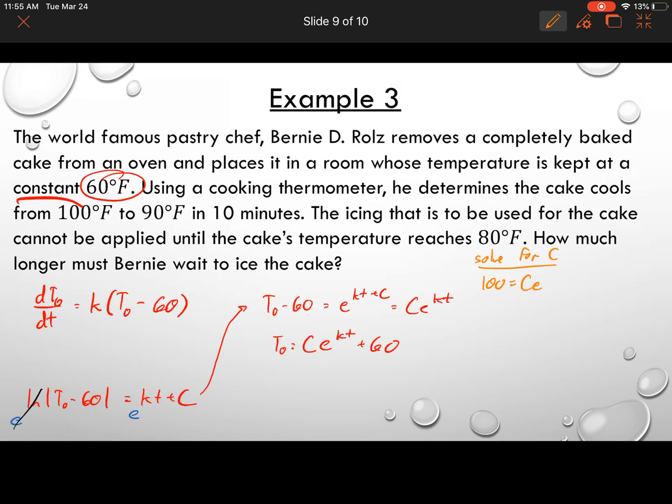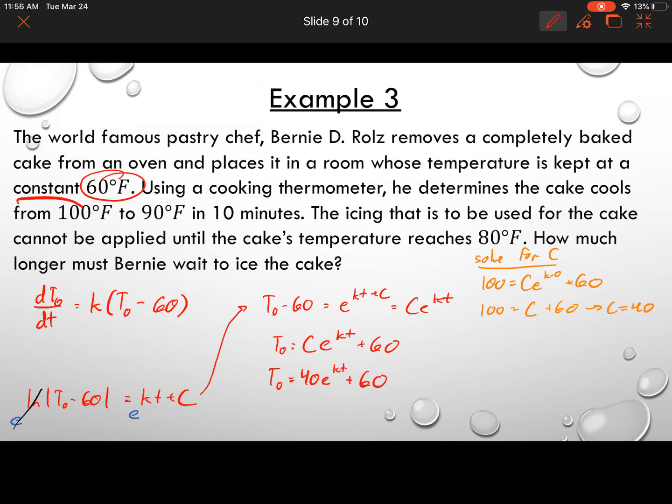Let me use a different color here, orange. Solve for c. So 100 is equal to c e to the k times 0 plus 60. e to the 0 power is just 1, so 100 is c plus 60, so c is equal to 40. 40 plus 60 is 100. All right, so t sub 0 is equal to 40 e to the kt plus 60.